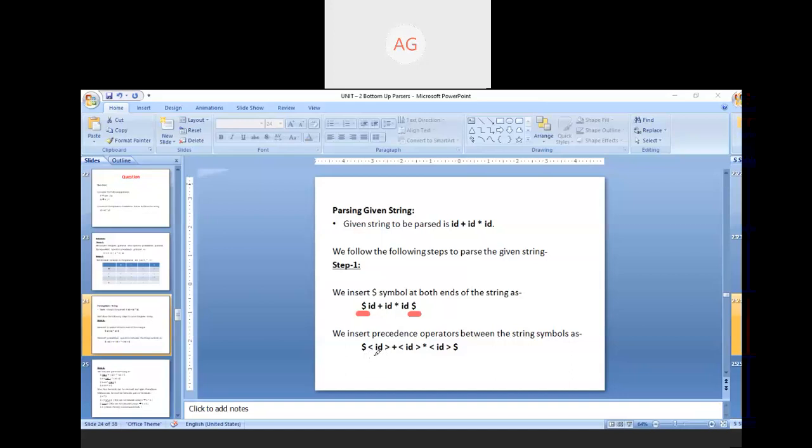So like dollar is less than id, then as id is having the highest precedence, id is greater than plus sign, and also id is greater than into sign, and id is greater than dollar sign. So we need to put these precedence signs between every terminal pair.